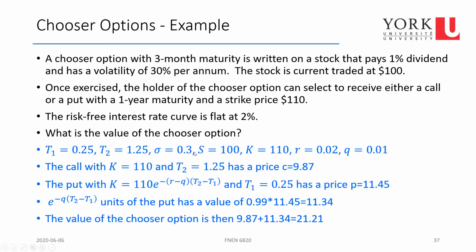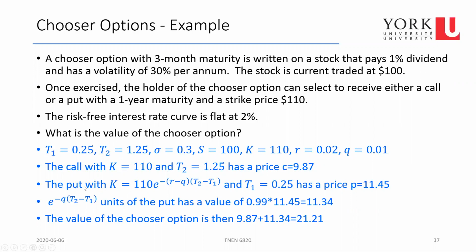Sigma is 30%. The current stock price is 100. The strike price is 110. The risk-free rate is 2%. The dividend yield is 1%. The call with the strike price of 110 and T2 maturity has a price of $9.87.